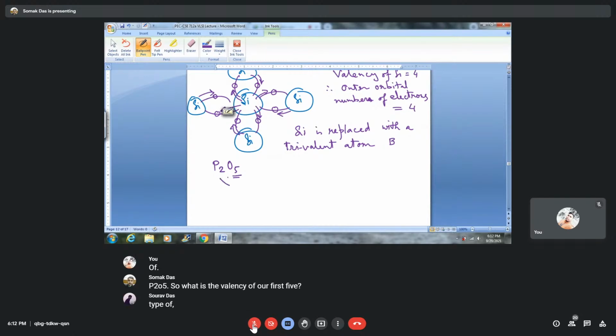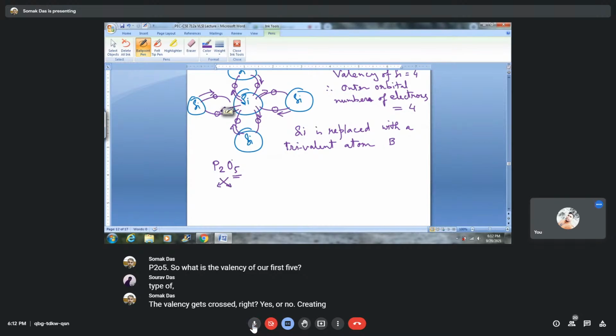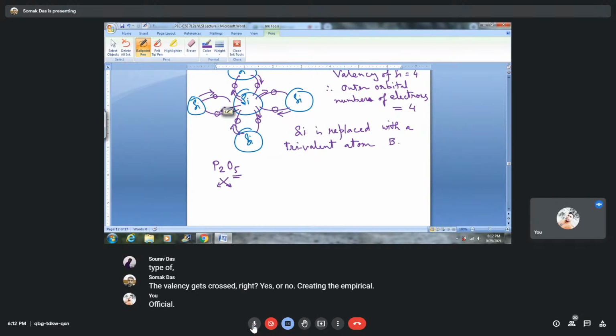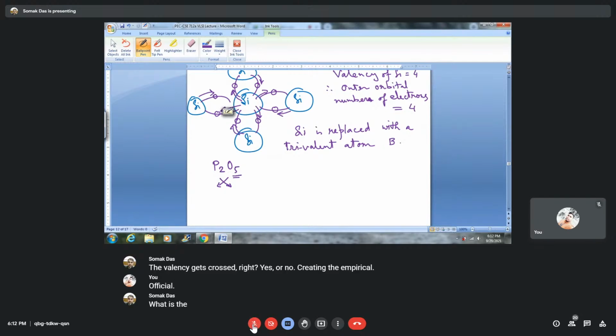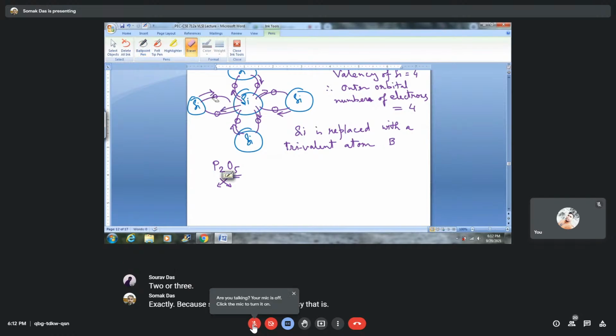The valency gets crossed, right? Yes or no? Creating the empirical formula. What is the oxide of boron? B2O3. Exactly, B2O3. So the valency gets crossed while you write. So trivalent atom, boron.